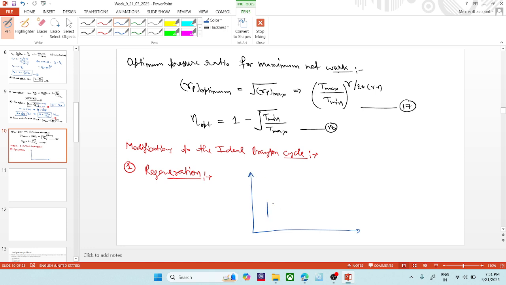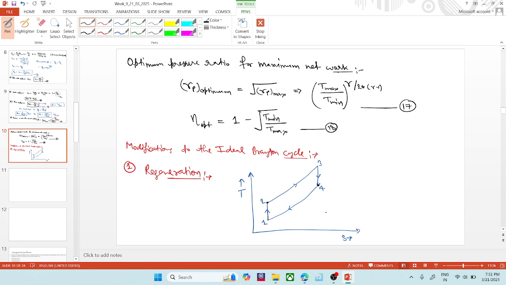Let's suppose this is the TS diagram of the Brayton cycle. This is T, this is S, this is point 1, 2, 3, and 4. Here we can see that point 4 is above point 2.